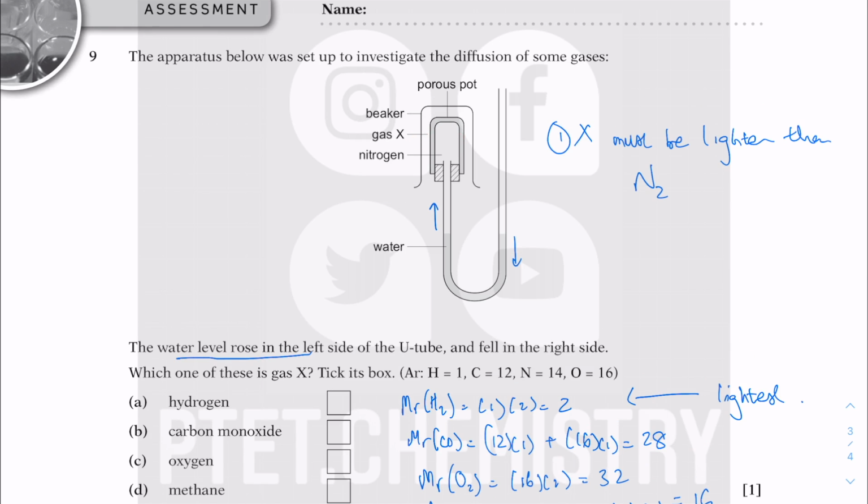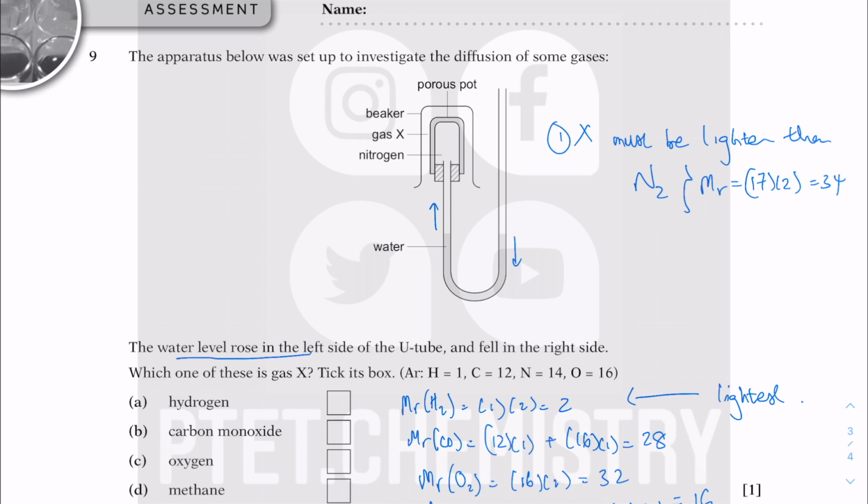It will go in, and when you have nitrogen still inside and you have additional hydrogen, it will push down. Something which is very light compared to nitrogen, whose Mr would be 14 times 2, which is 28, as you could use your periodic table, of course.